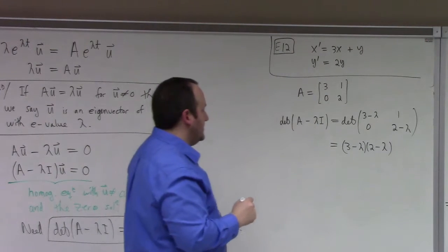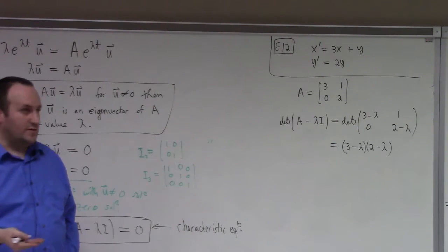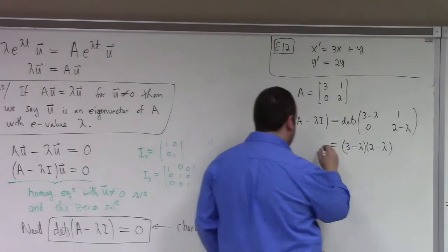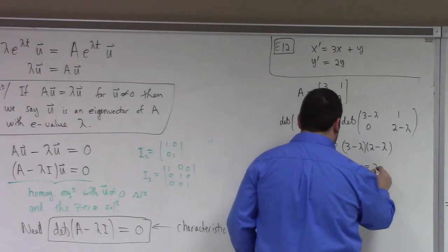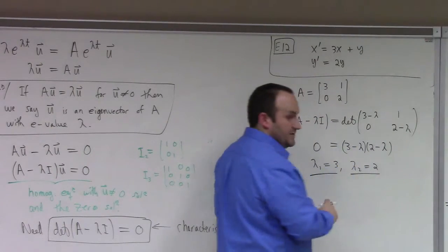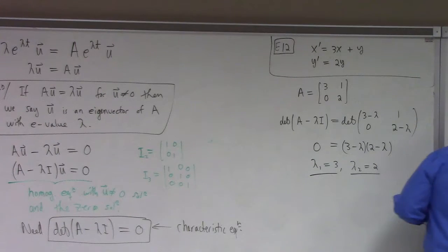This is not surprising if it's a triangular matrix, right? If it happens to be triangular, whatever numbers are in the diagonal, those are the eigenvalues. So we're now deriving that lambda 1 is equal to 3 and lambda 2 is equal to 2. So those are my eigenvalues. And then I got to find eigenvectors.